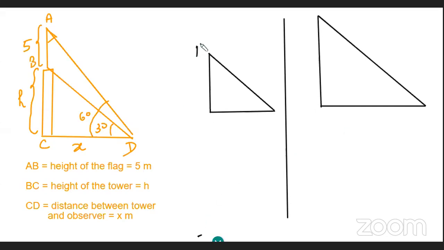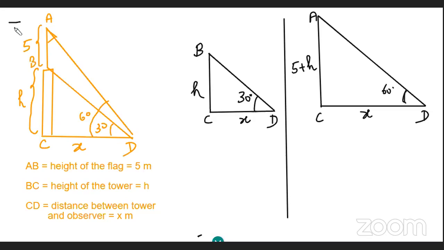So this is BCD: x, h, 30 degrees. Then you have ACD: x, 5 plus h, and 60 degrees. You can check in your figure also, A to C is 5 plus h.